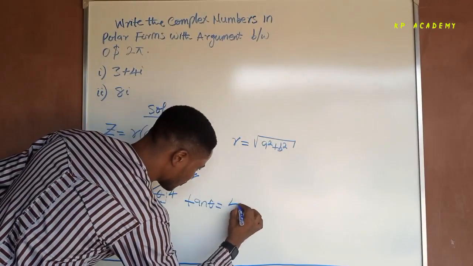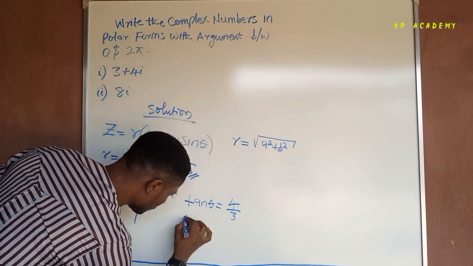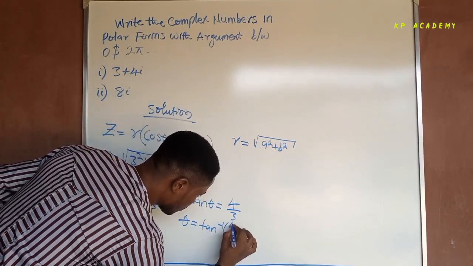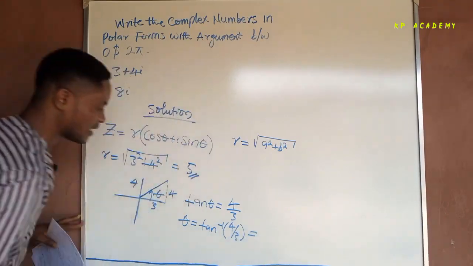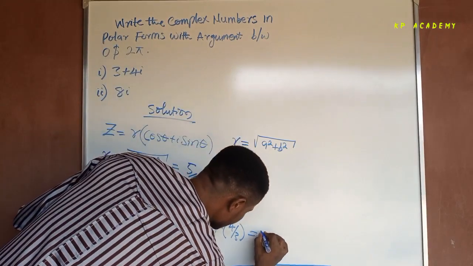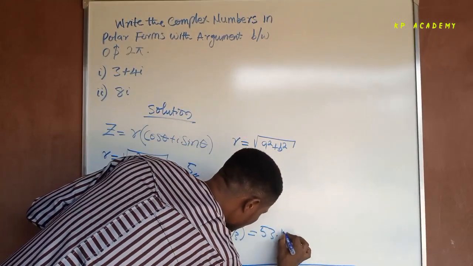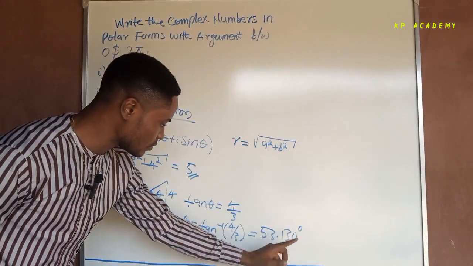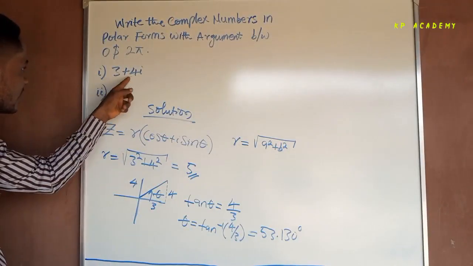So tan theta is nothing but 4 over 3. Therefore, theta is nothing but tan inverse of 4 over 3. And tan inverse of 4 over 3 is nothing but 53.130 degrees. So 53.130 degrees is the argument of this complex number.